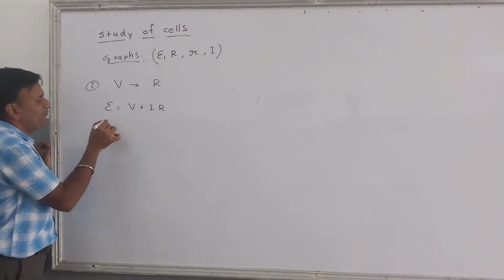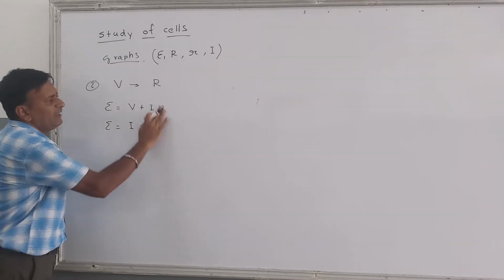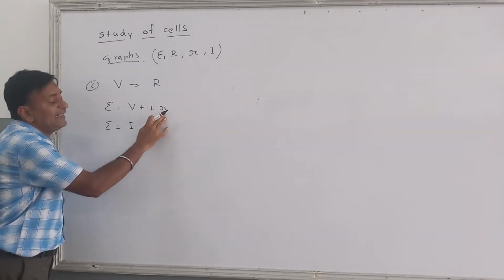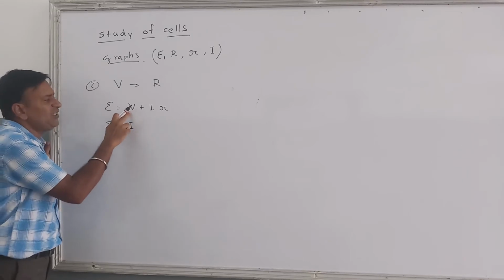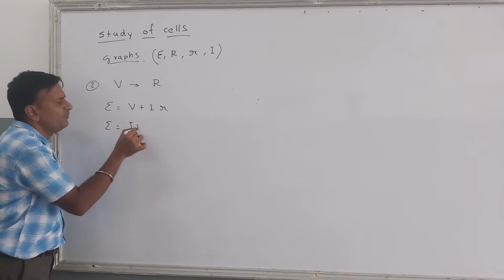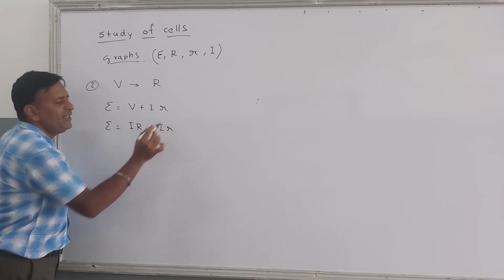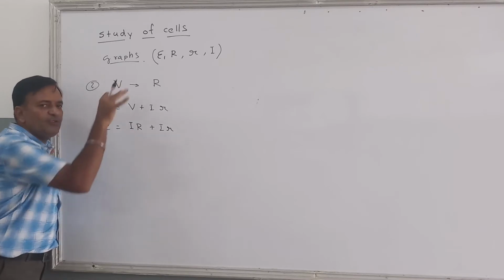Now you see, here small r is the internal resistance of the cell. This was the external potential difference, so V is equal to I into R. What is this? Energy dissipated in the outer circuit.